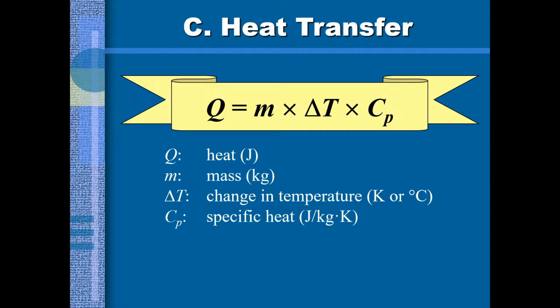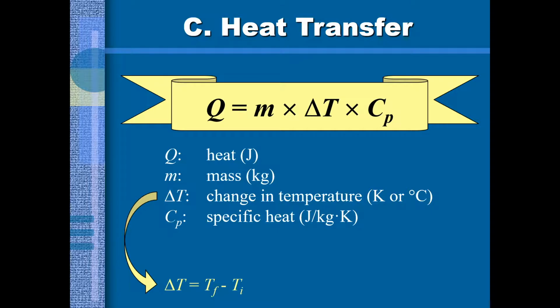So we use the capital letter Q to represent heat, and it's measured in joules. Our mass is going to be measured in kilograms. Change in temperature, again, we can use Kelvin or degrees Celsius.